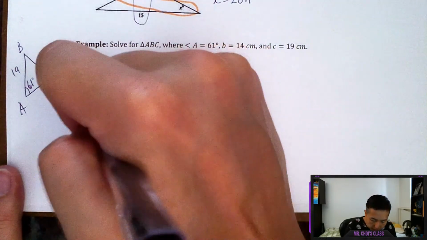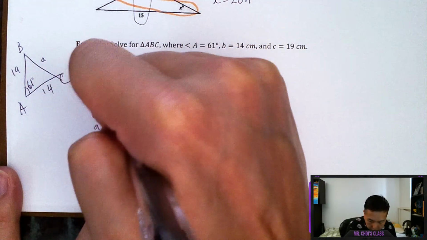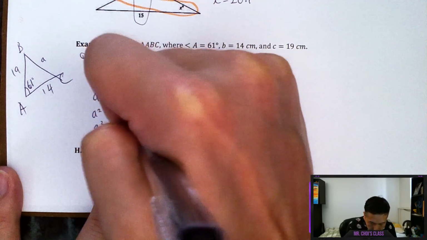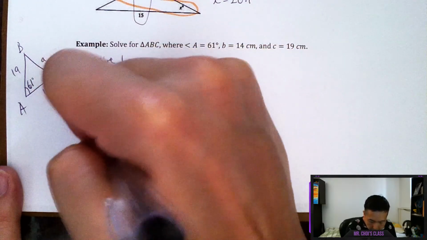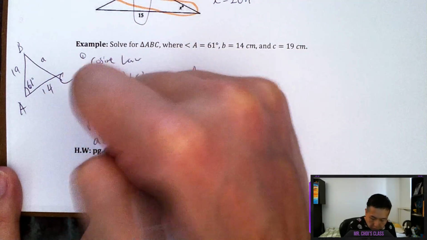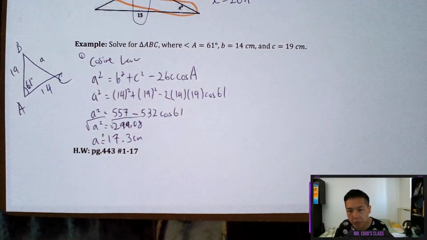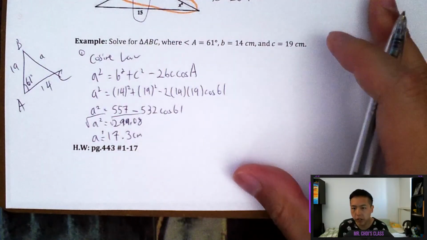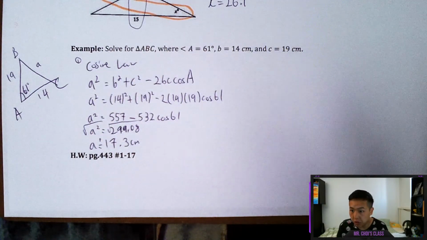That's going to give me a squared is equal to approximately 299.08. And square rooting both sides, I get a is equal to approximately 17.3 centimeters. So now we have a.